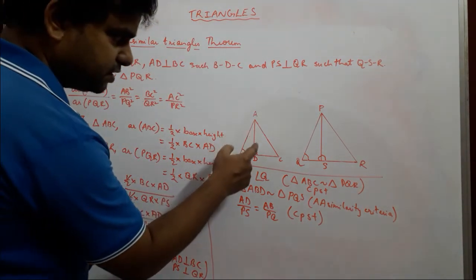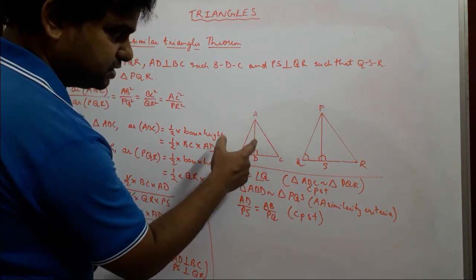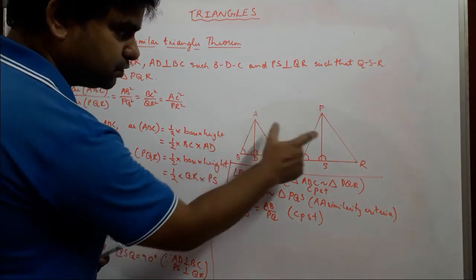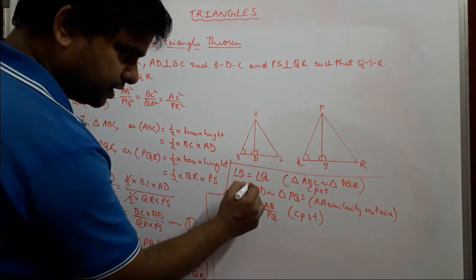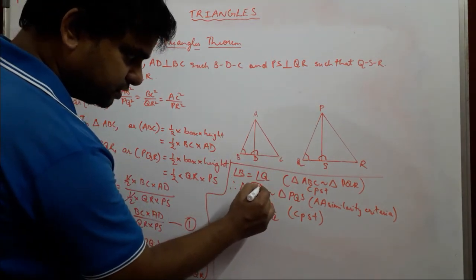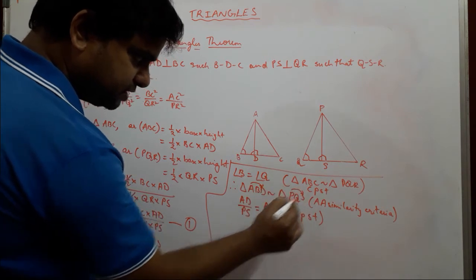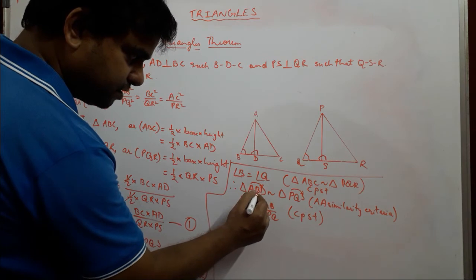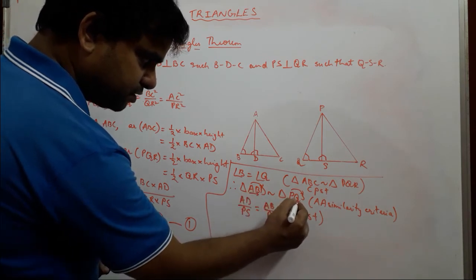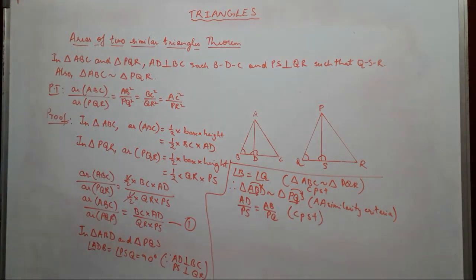So we have just taken the ratios of the sides of these two triangles. So AD corresponds with PS. You can have a look. AD corresponds with PS, and then AB corresponds with PQ.